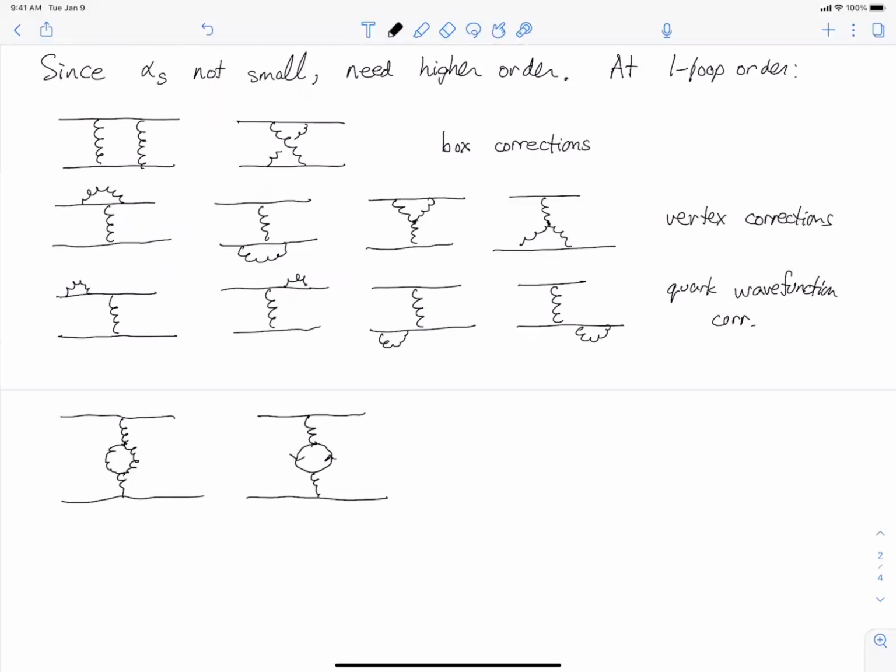Okay, or it turns out, going with the first diagram in that line, there are other diagrams that look like that, where these are the infamous ghosts that don't appear at tree level when you have non-loop corrections. They're there to cancel the unphysical degrees of freedom of the gluon line. Okay, so these are gluon wave function corrections.